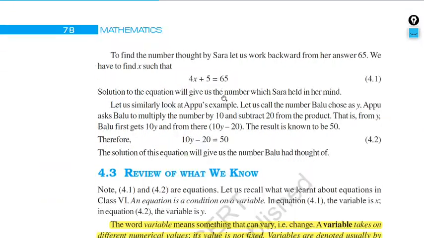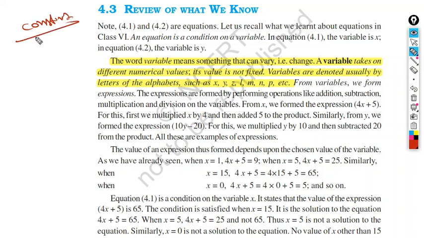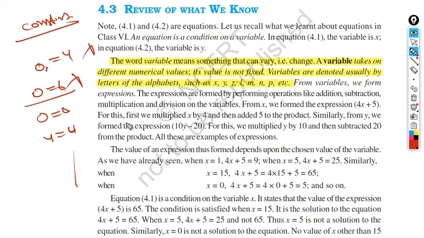In class 6, you are quite aware of some terms. The first term was constant. From the name itself, you can see what we mean by constant. Constant means whose value does not change. For example, 0. Can you say 0 is equal to 4 or 0 is equal to 6? You can't say. This is wrong, because 0 is always equal to 0 and 4 is always equal to 4.